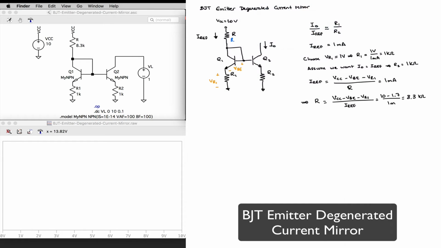And therefore, I'll have 8.3 kilo ohms for resistor R, 1 kilo ohm for each one, R1 and R2. And that's what I have here in my simulations, or in my circuit schematic.